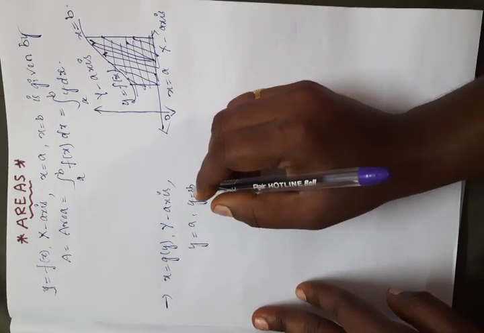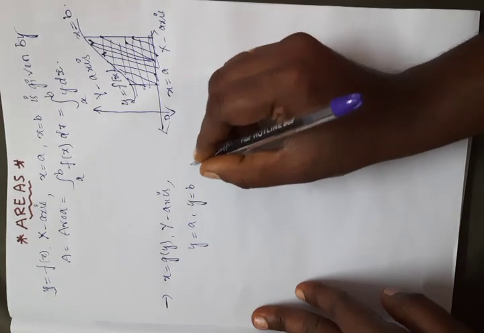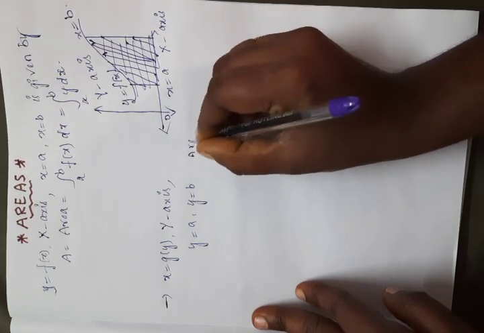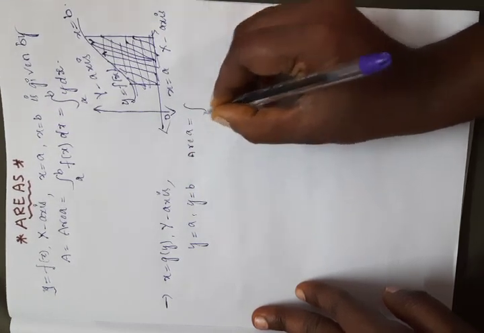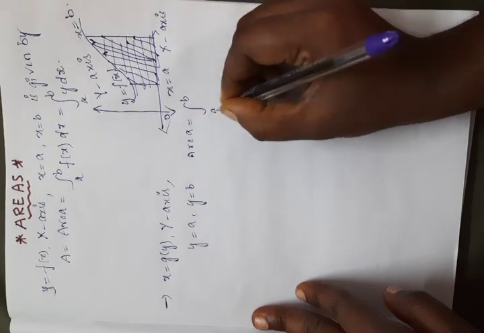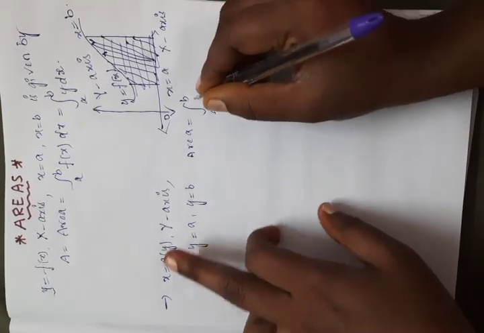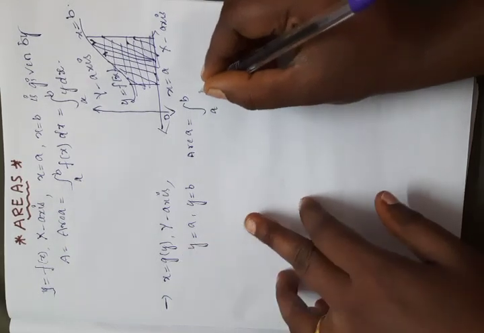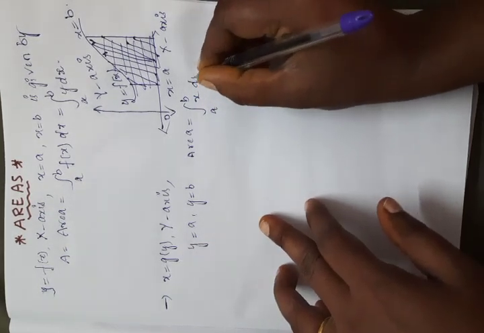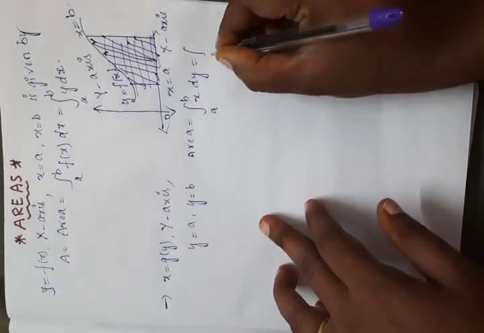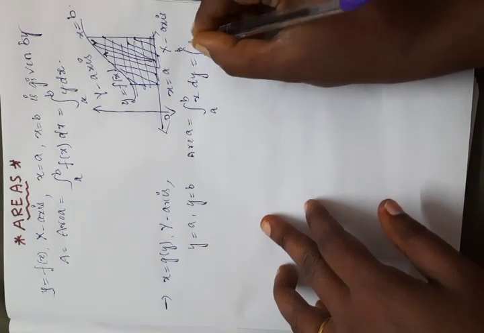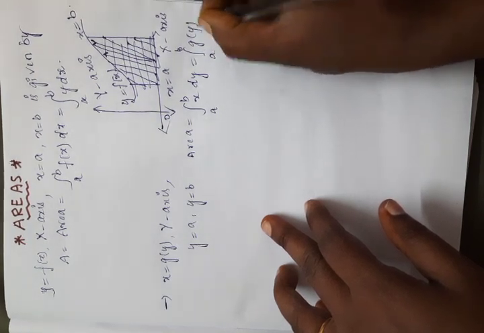Therefore, the area enclosed by these can be given by area equal to integral over a to b x dy, where x equal to g of y, or we can also write integral over a to b g of y dy.